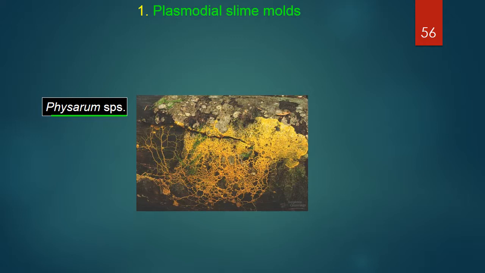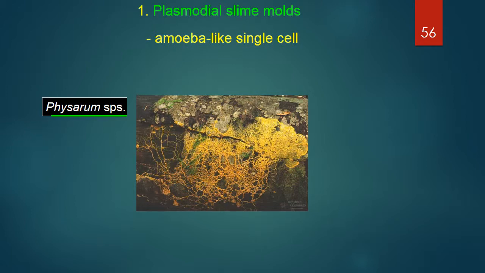Their scientific name is Physarum. Now, do not confuse this with the scientific name Plasmodium, which we already talked about causes malaria. That is different from the common name plasmodial slime mold that we see here that goes with the scientific name Physarum.